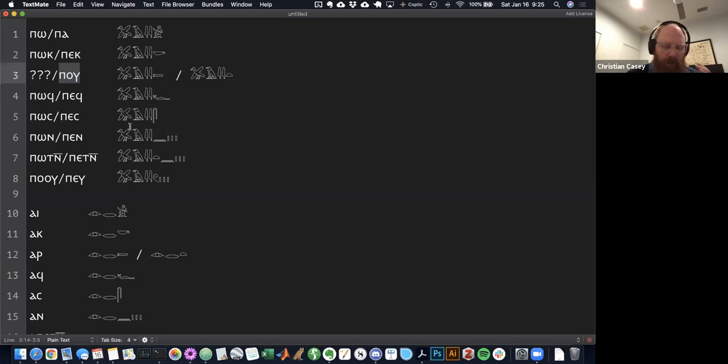So the final T is being lost, or it's turning into just a glottal stop. And then we have this unstressed A vowel, which is now in a closed syllable, but it's probably a doubly closed syllable, because you'll notice in the late Egyptian writing of this, we have this semi-vowel here. We have this double reed leaf, which is like a Y sound.